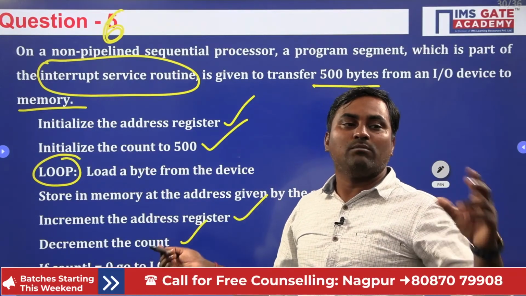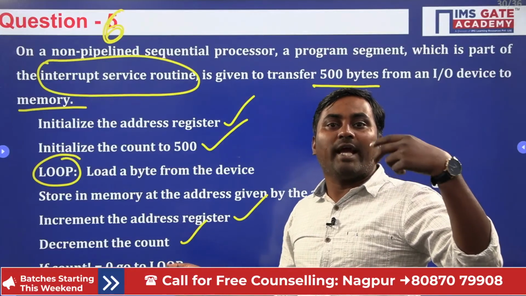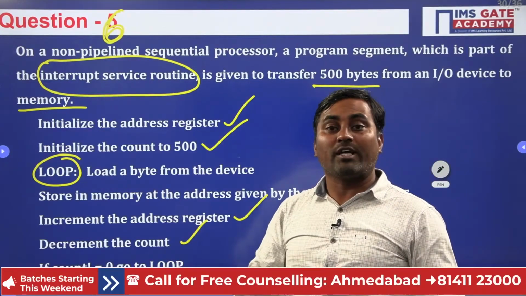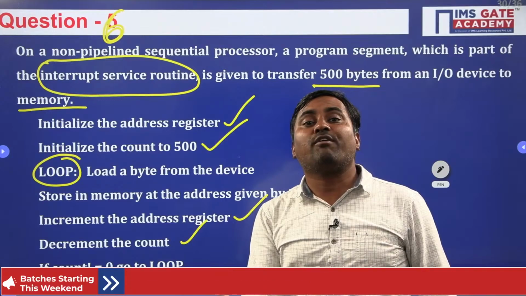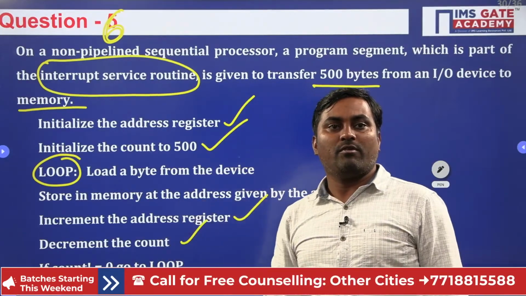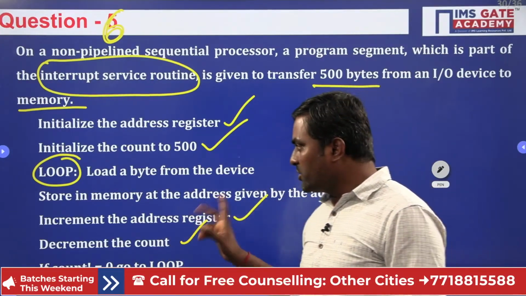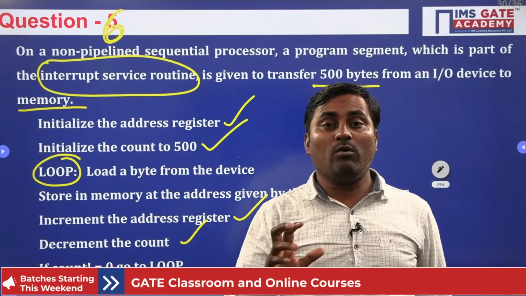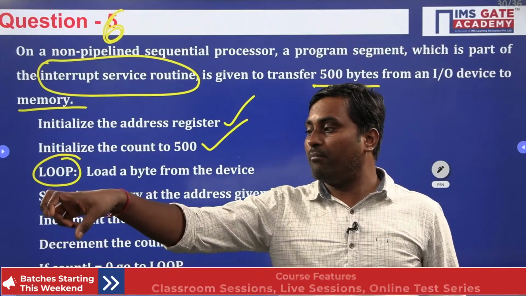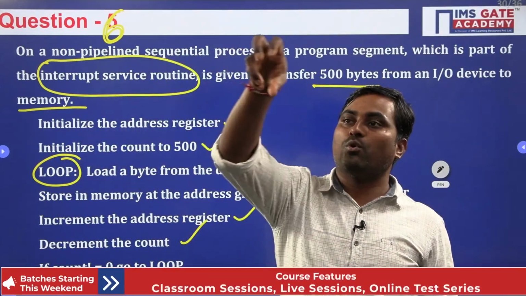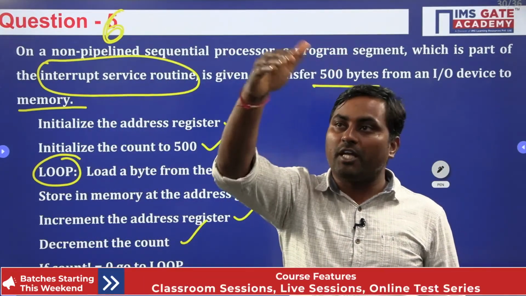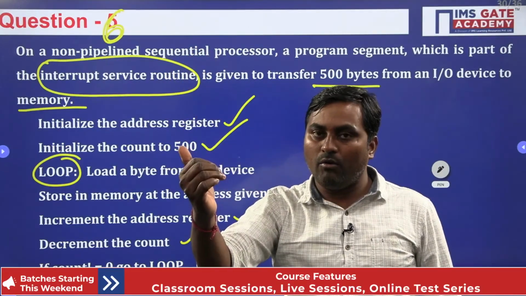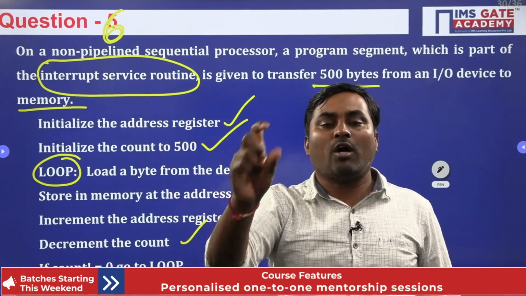This is a program, a set of instructions you need to execute to transfer the data from disk to memory. Steps: initialize the address, initialize the count, read a byte from the disk and store it at the specified location, increment to the next location, decrement the count, and continue until the count becomes 0.